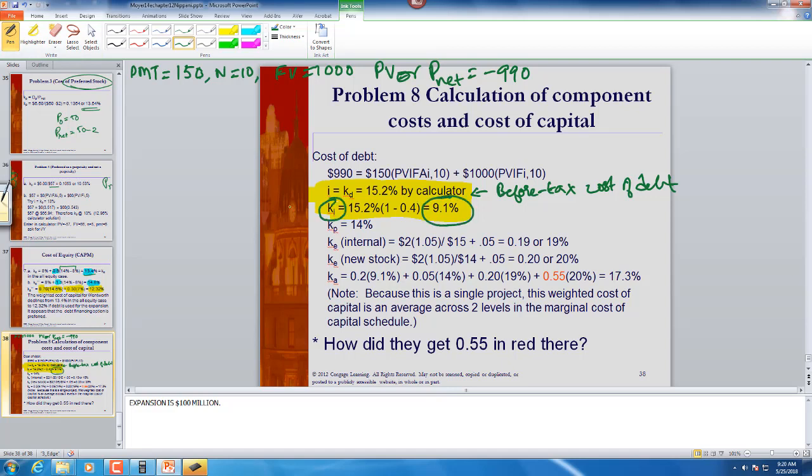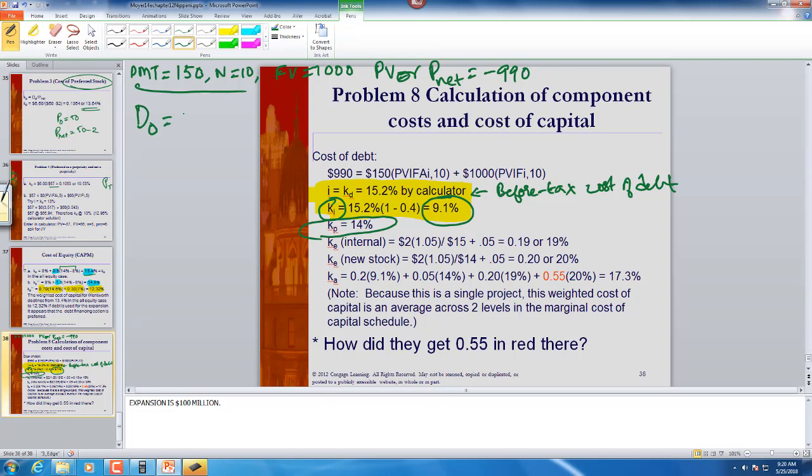That's the one that matters. Preferred stock will cost Ewing 14% after taxes. Well, they gave us preferred. We don't need to calculate it. So we got cost of debt after tax, we got preferred stock. Now Ewing's common stock pays a dividend of 2 per share. Now we are coming to equity stock. We took care of preferred, we took care of debt.